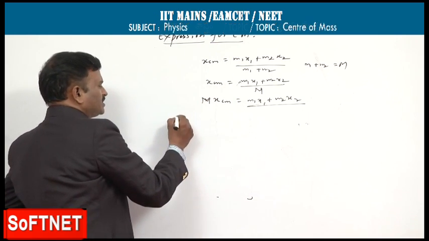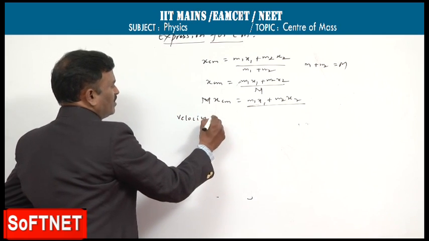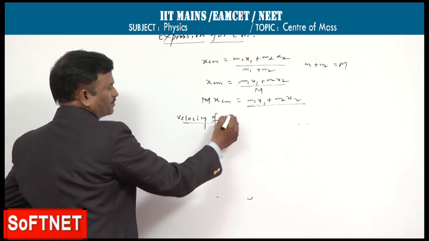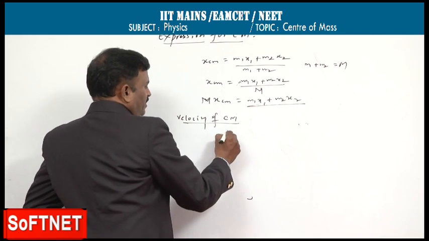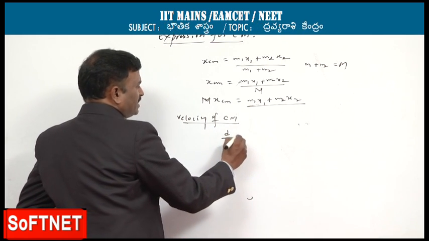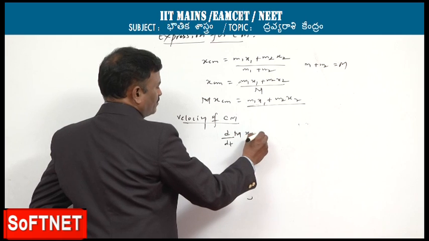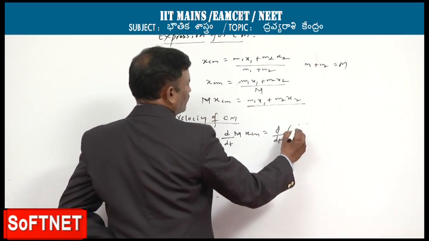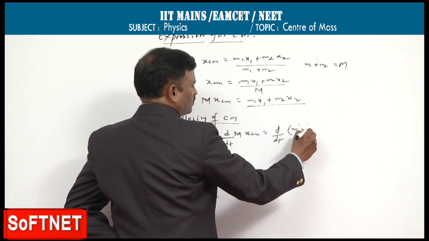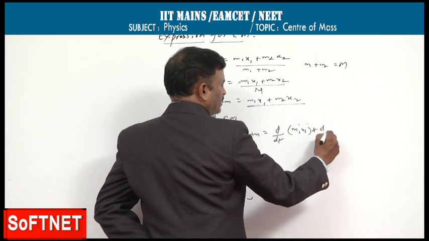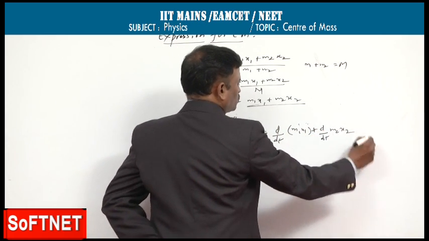Now the velocity of the center of mass, velocity of cm. Differentiate: d by dt of M xcm is equal to d by dt of m1 x1 plus d by dt of m2 x2.